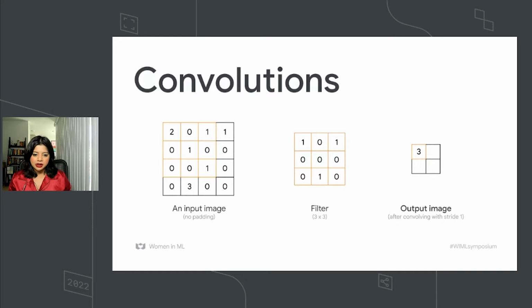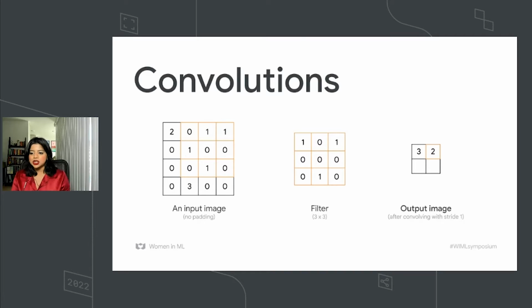In this case, we've multiplied 2 by 1, 0 by 0, 1 by 1, and so on and so forth. We add all those together and we get 3 in the end. Then we do this at each space in the output. We slide the filter, or the section that we're looking at, over, multiply it by that filter again, and then we get that output result. Also, an important thing to note here is that we are downsampling in convolution.